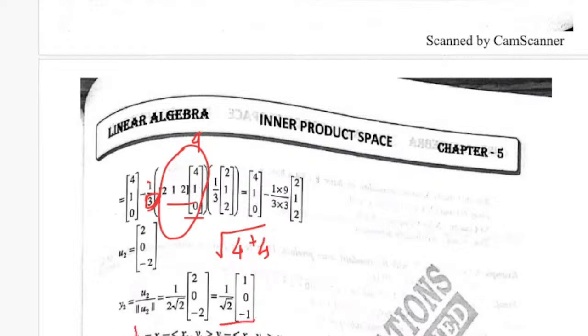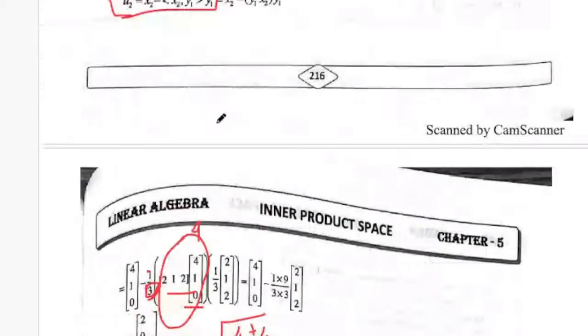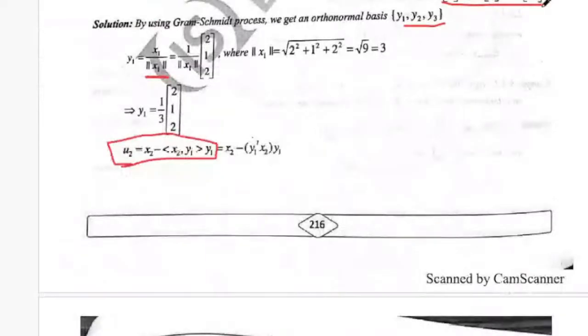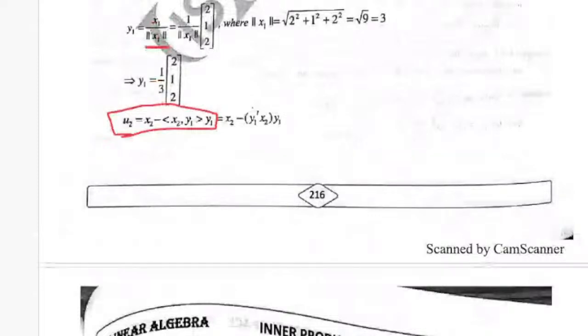Next we are finding u3. u3 is nothing but x3 minus inner product of x3 comma y1 into y1 minus inner product of x3 comma y2 into y2. Now x3 is (3, 1, minus 1). Inner product of x3 comma y1 is taking this transpose.